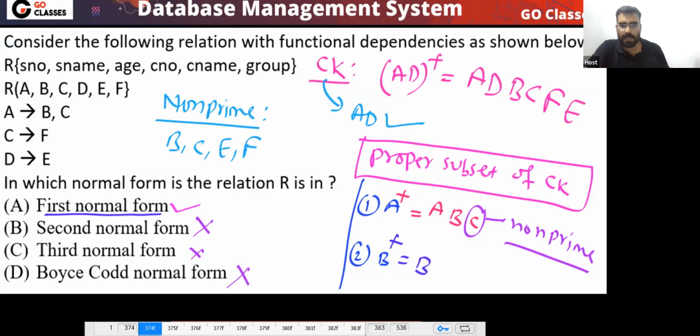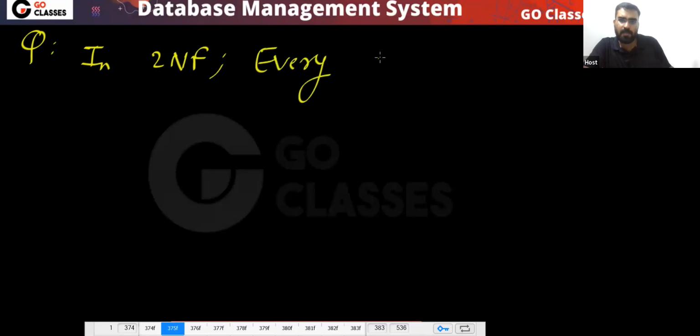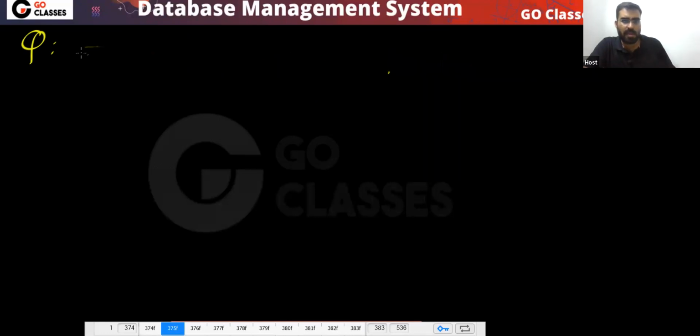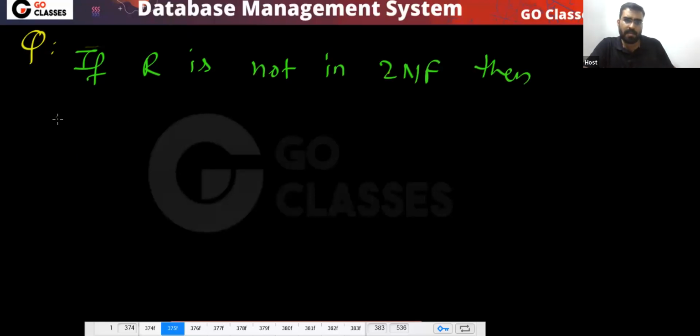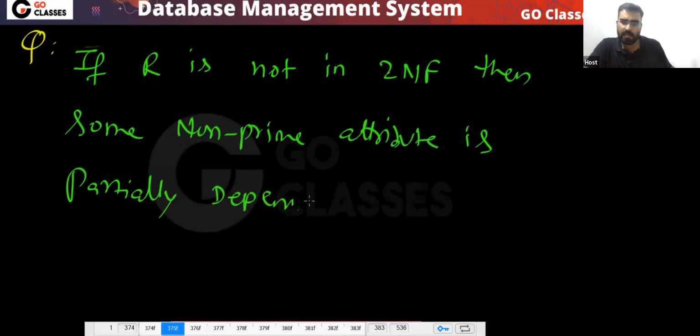In 2NF, this is my question: if R is not in 2NF, then some non-prime attribute is partially dependent on all candidate keys.